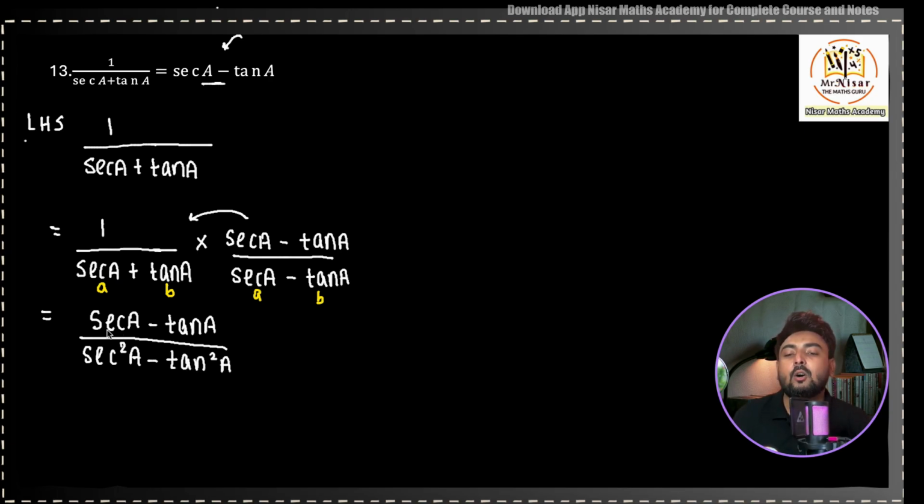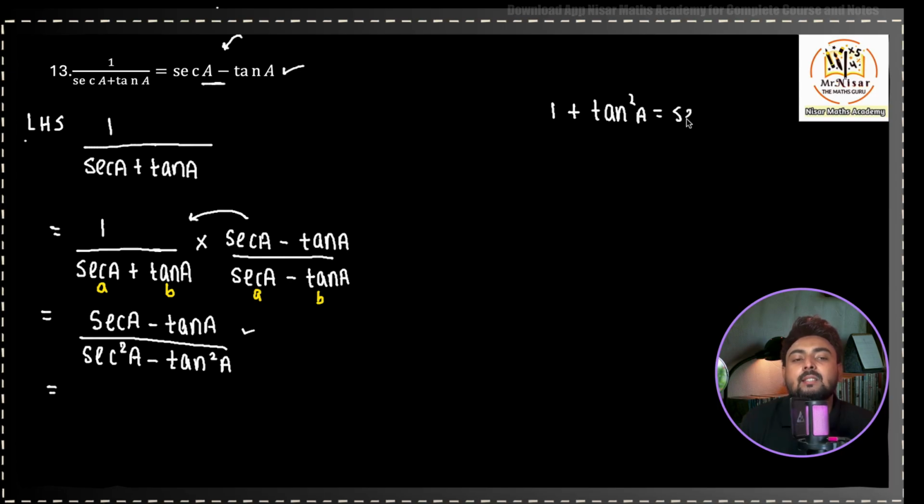Now, what we want is sec A minus tan A, and that we are able to see in the numerator. What does it mean then? The denominator should be 1. How does it come? We know the second identity. What is the second identity? 1 plus tan square A is equal to sec square A. So this plus tan square A goes to this side, and it becomes minus.